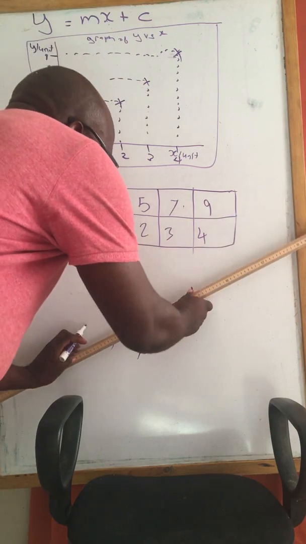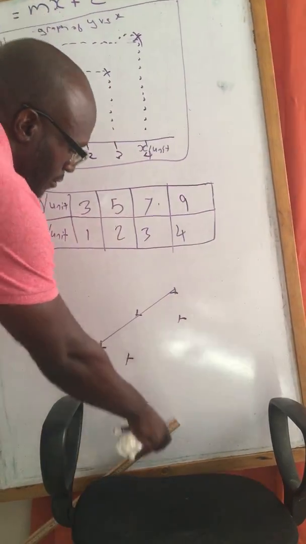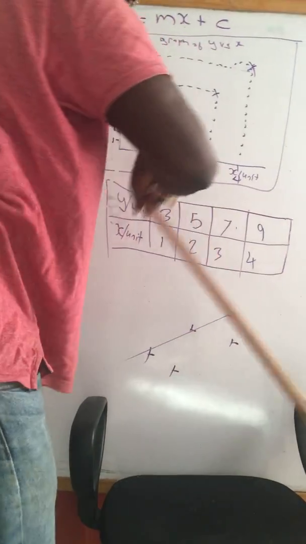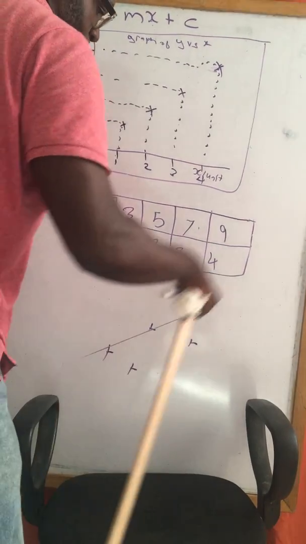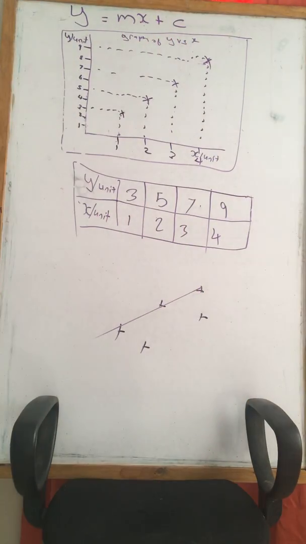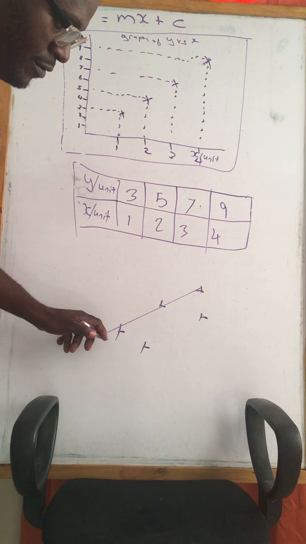And then we draw something like that. Right. This would be a poor representation, right?